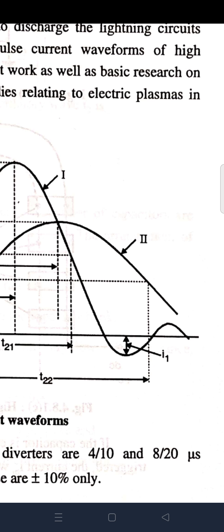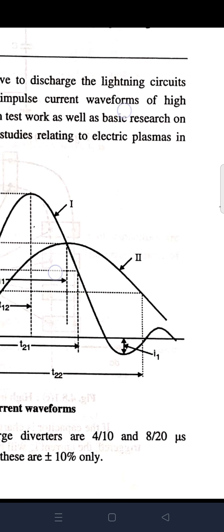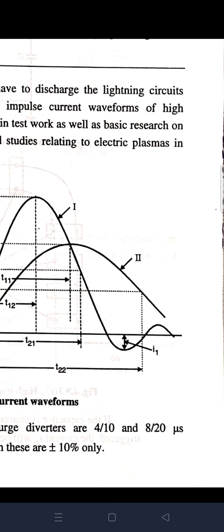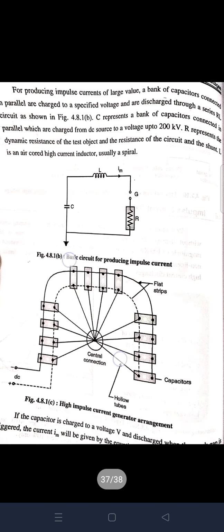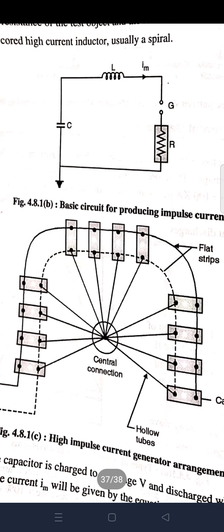For producing impulse current of large value, a bank of capacitors is connected in parallel and charged to the specified voltage, and discharged through a series RL circuit as shown in this figure.